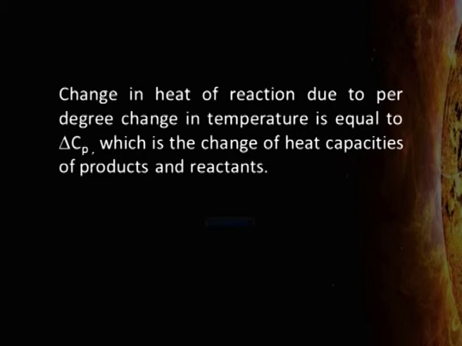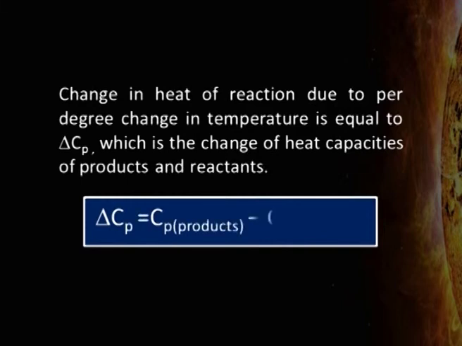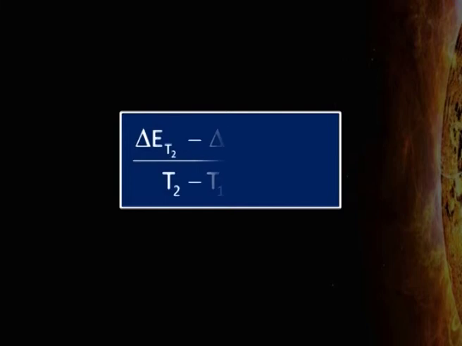Delta Cp will be equal to heat capacities at constant pressure of products minus heat capacities at constant pressure of reactants. If we consider the reaction taking place at constant volume, then Kirchoff's equation will become delta E T2 minus delta E T1 upon T2 minus T1 equal to delta Cv.